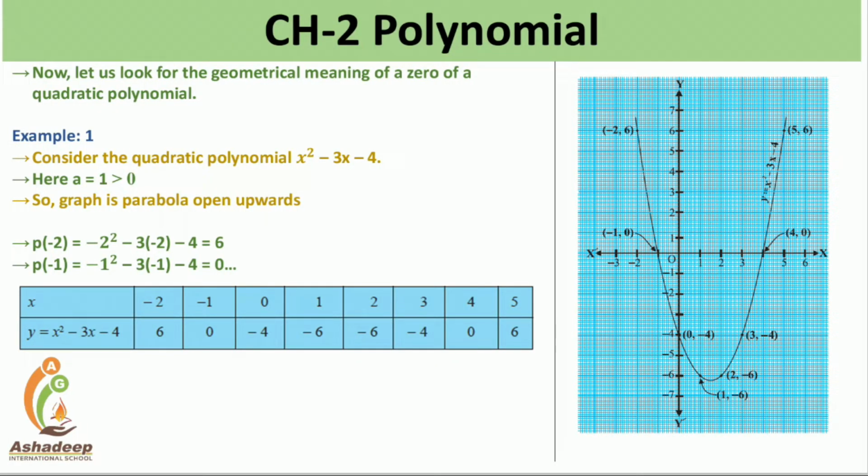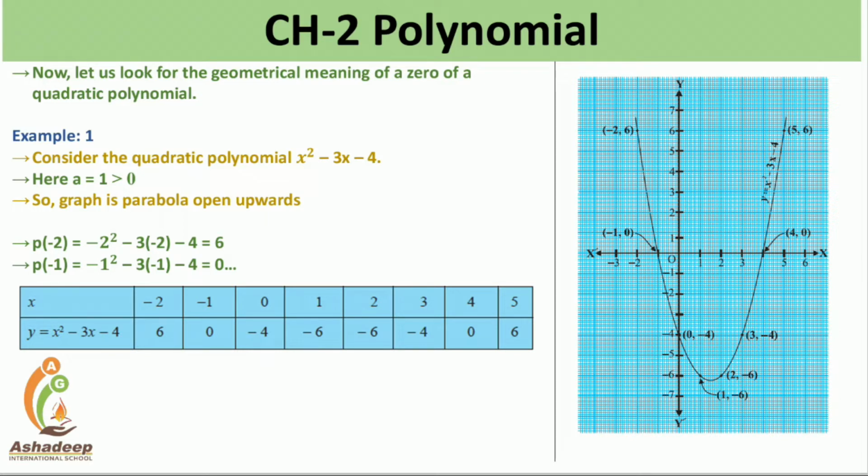So how? First, instead of x I put minus 2, so I'll get 6. Instead of x I put minus 1, so I'll get 0. Similarly we can find the other points, and those points are depicted in this table. Now I have to plot these points on the graph.